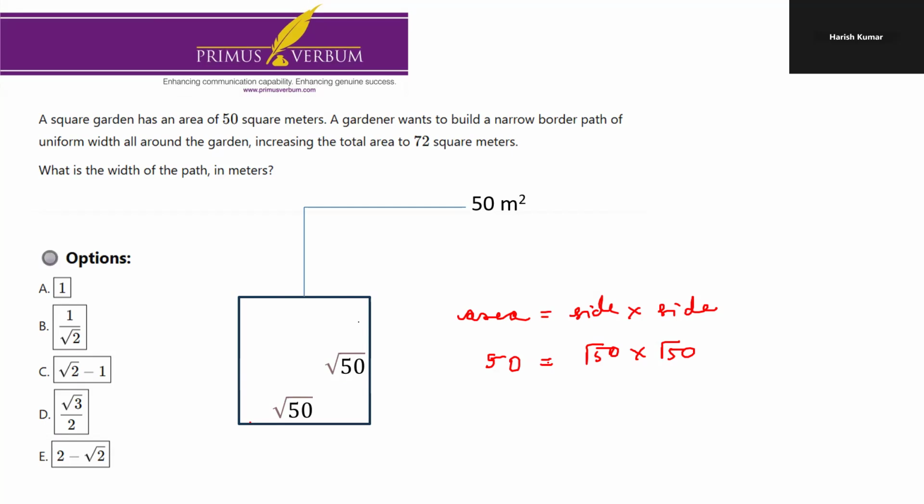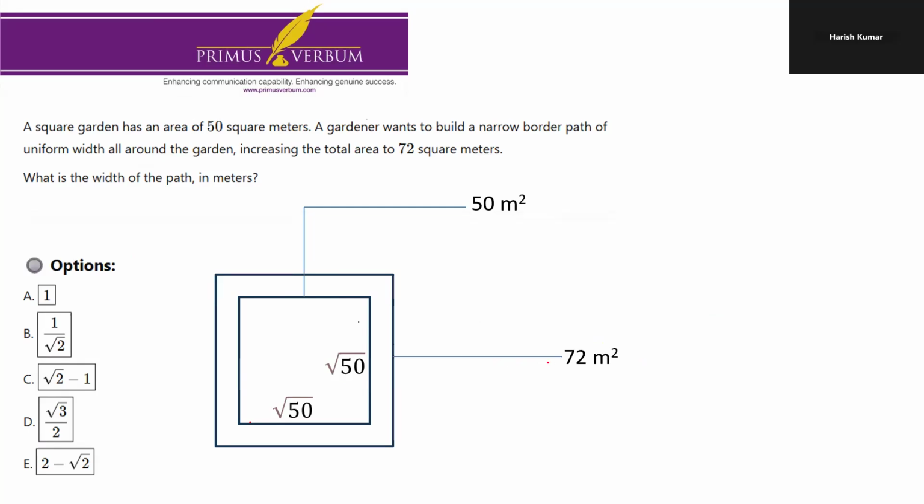Now let's proceed. What are we told? We are told that a gardener wants to build a narrow border path of uniform width all around the garden. And that's depicted in this diagram. And what else do we know? It should be built in such a way that the total area is now 72 square meters.